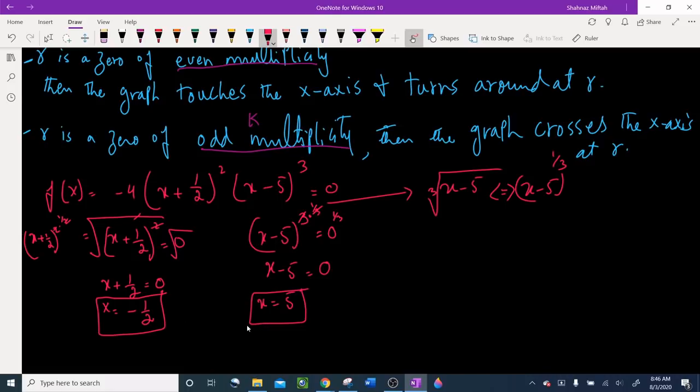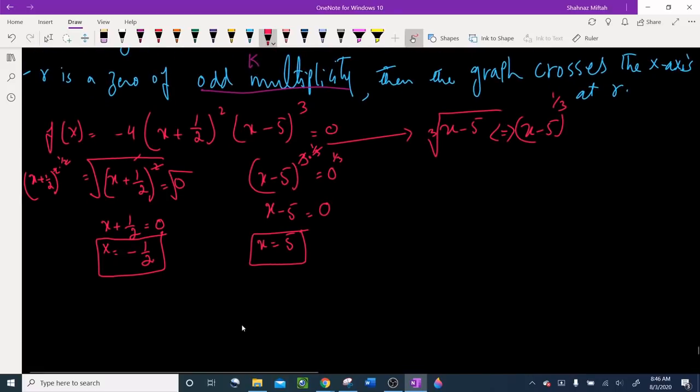Now, if you pay attention, we're going to find the multiplicity of each zero. What is the multiplicity of this zero? This is a multiplicity of 2. Multiplicity means the exponent, and this is an even multiplicity. So you can say the negative half is a zero of multiplicity 2.